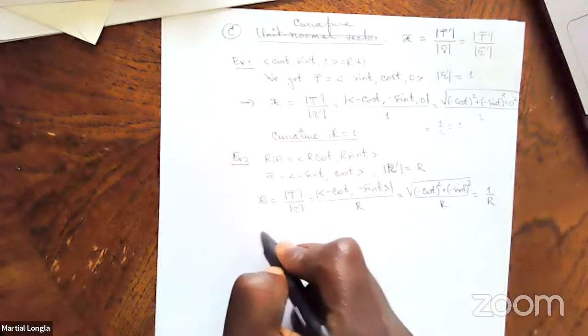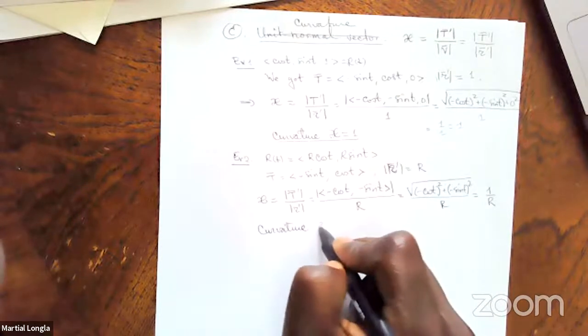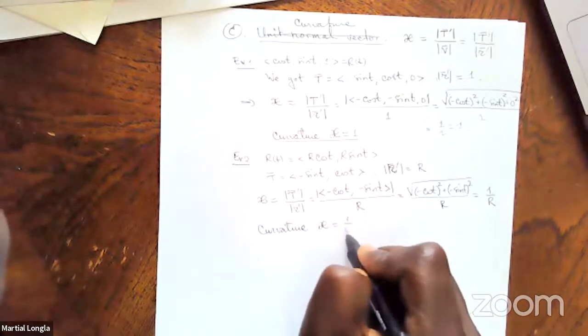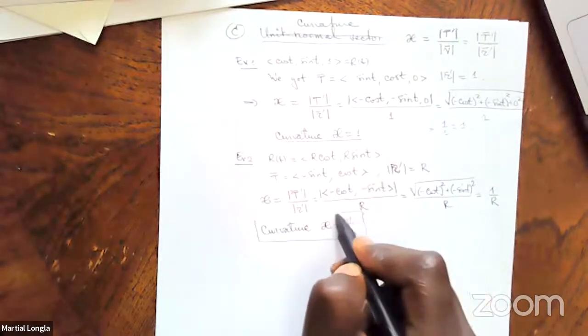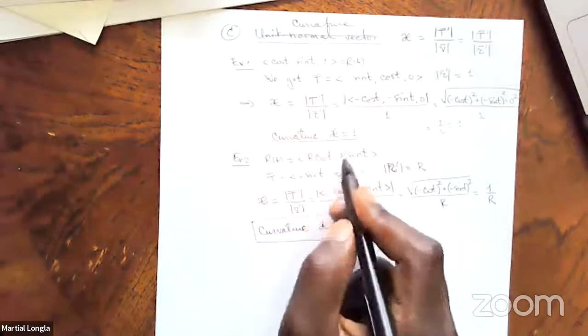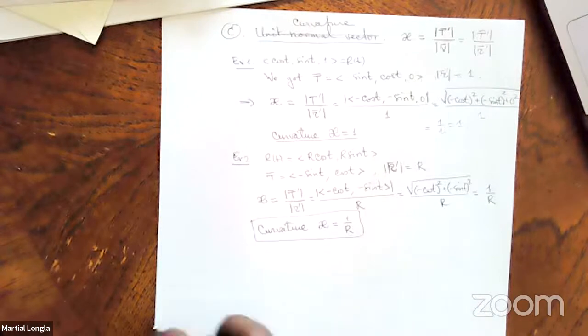So here in this problem, the curvature is kappa equals 1 over r. So for a circle defined in this way, the curvature is 1 over r, where r is the radius.